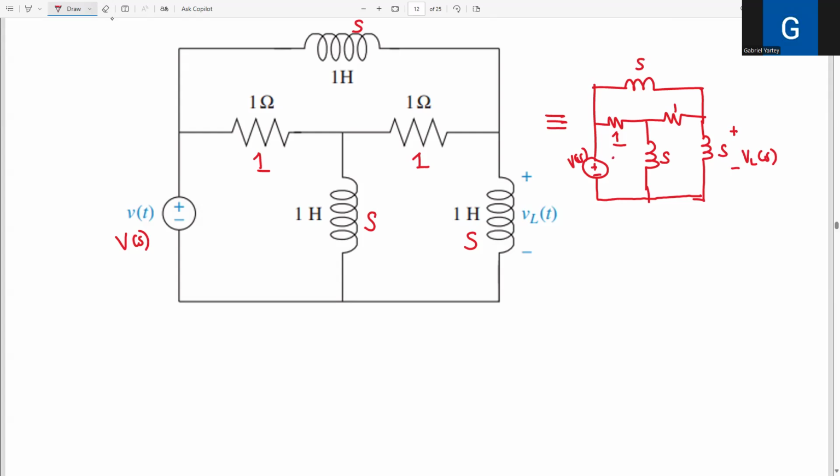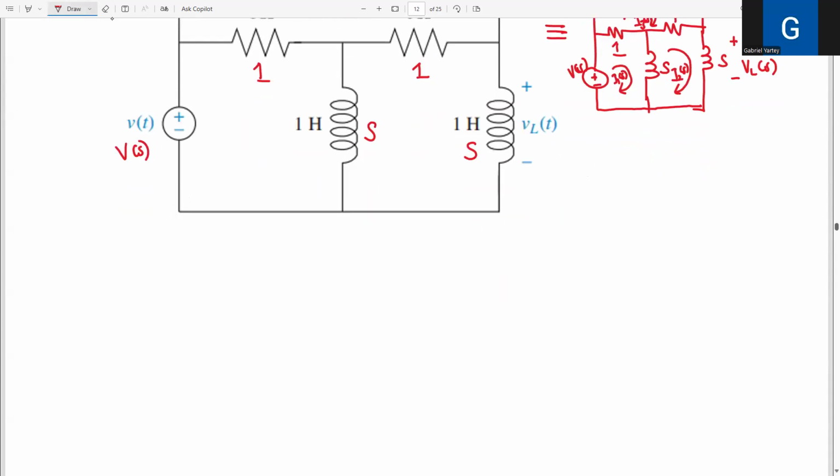The first mesh is here, I1 of S. The second mesh is here, I2 of S. And the third mesh is here, I3 of S. So this should tell me that I'm going to get a 3 by 3 matrix.